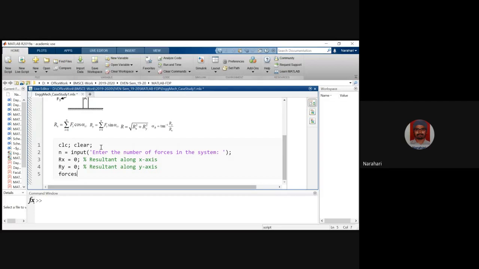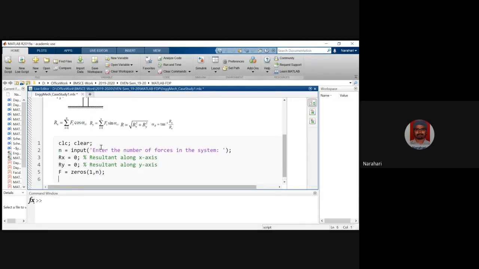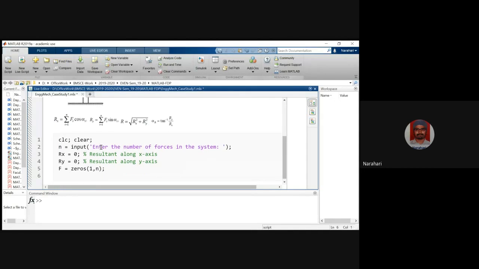So for that, I'll require a set of forces. So I will initialize the forces, or I will say forces is too much, I'll just say F. F equals, I'll make it zeros of 1 comma n. I've taken one row vector, which is already initialized to zeros.